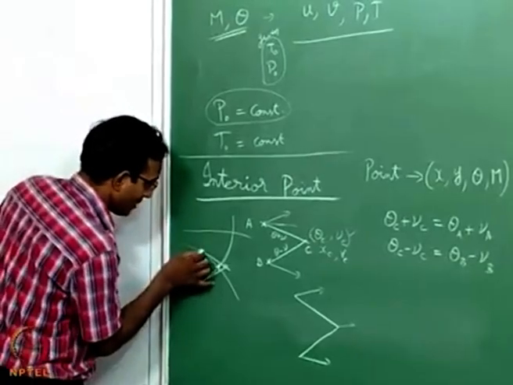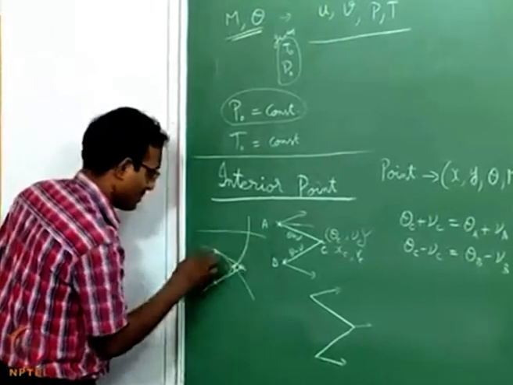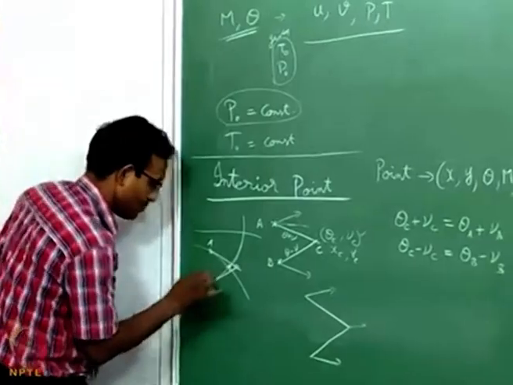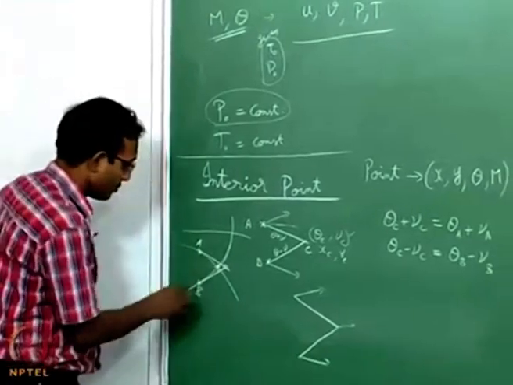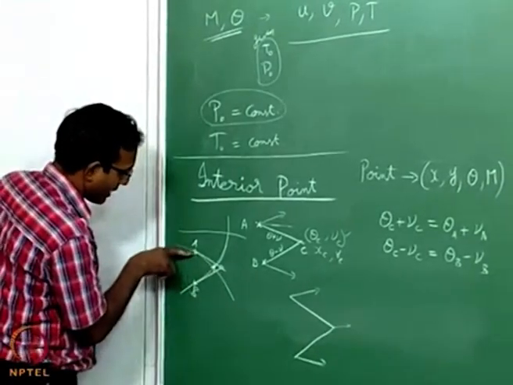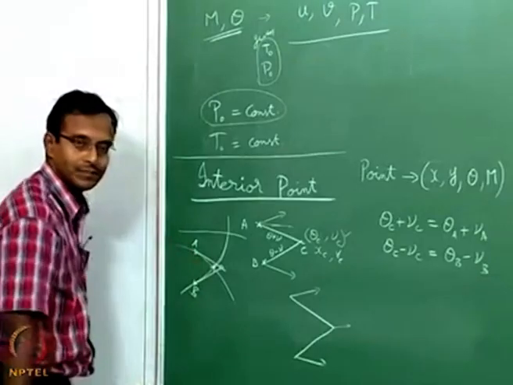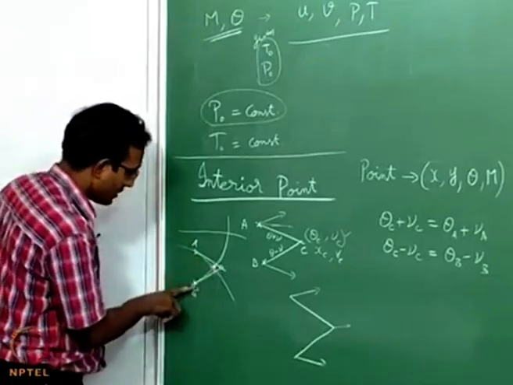I will just assume, let us say this is my A and B points. I am going to assume that from here my characteristic is running as a straight line up to this point. Here it is a straight line.